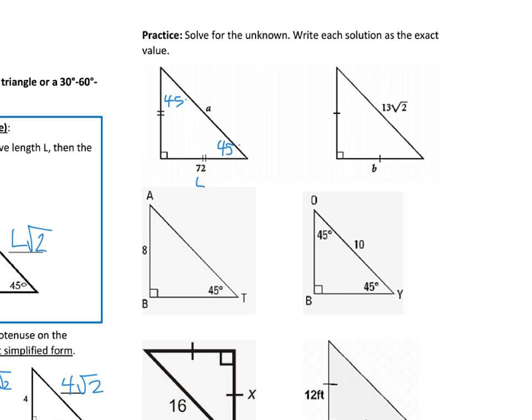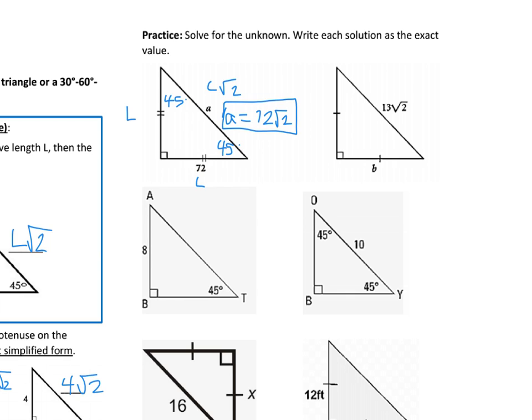So that means this is the leg length and this is the leg length. So this would be leg square root of 2. So then we know that A equals 72 square root of 2.